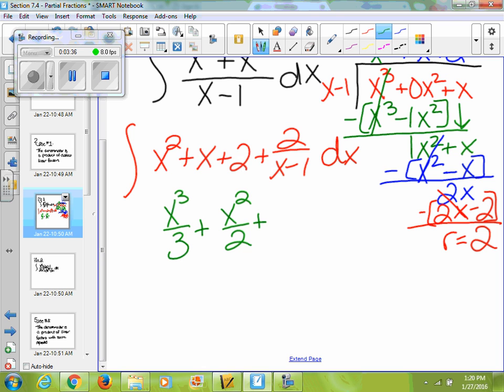The integral of 2 is 2x. And anytime you're dealing with a fraction, you pull the numerator out top. A fraction integrates to the natural log. So this would be 2 natural log of x minus 1 plus our unknown constant c.